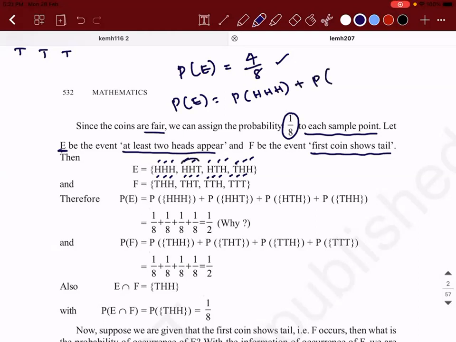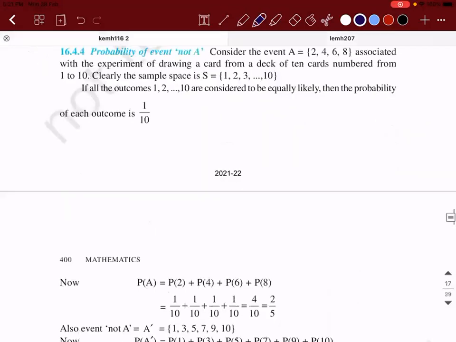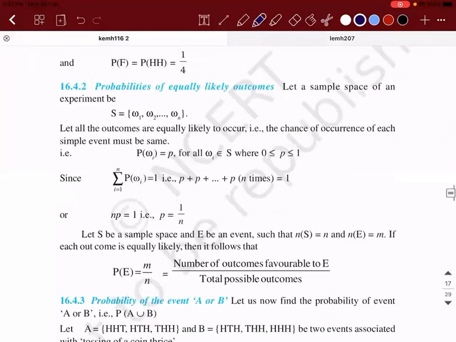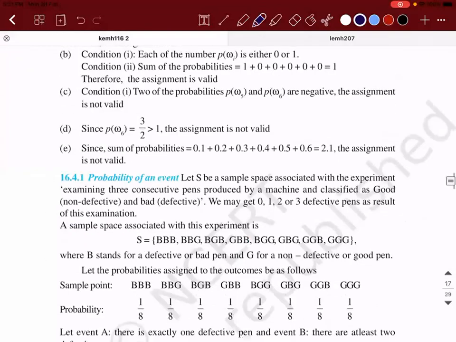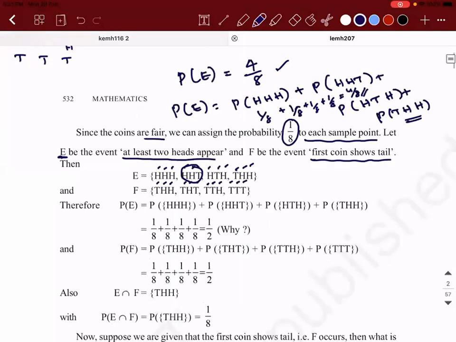So P(HHH) plus P(HHT) plus P(HTH) plus P(THH). Now individually each probability is 1/8, so 1/8 plus 1/8 plus 1/8 plus 1/8 also gives you 4/8. We just gave a different approach because this concept comes from last year's topic, the probability of an event. You can take this example and see it later.